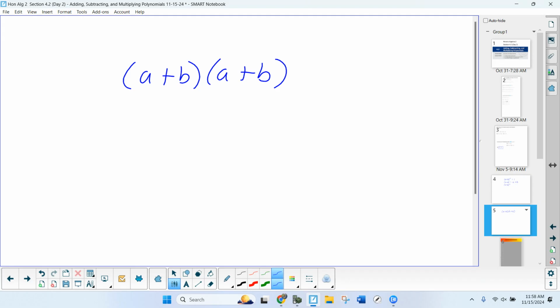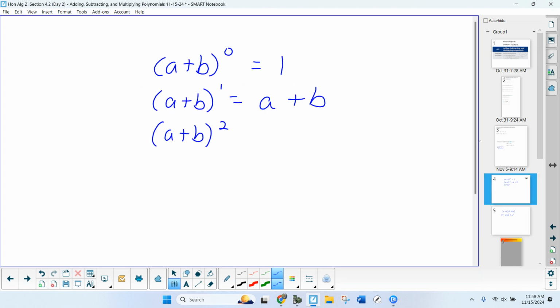And when you do, what's a times a? A squared plus another ab, so you get what? 2ab plus what on the end? B squared. So if I FOIL out a plus b squared, I get a squared plus 2ab plus b squared.